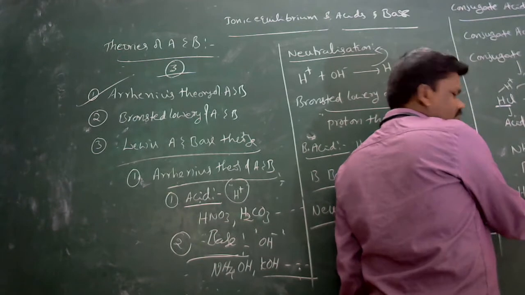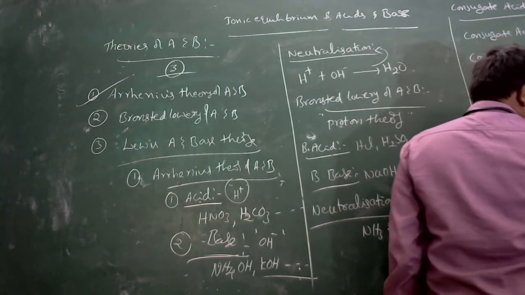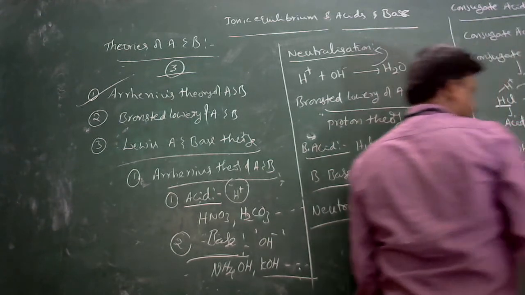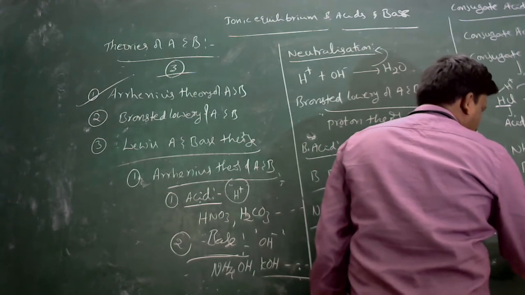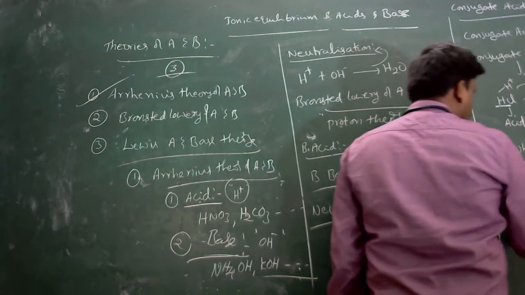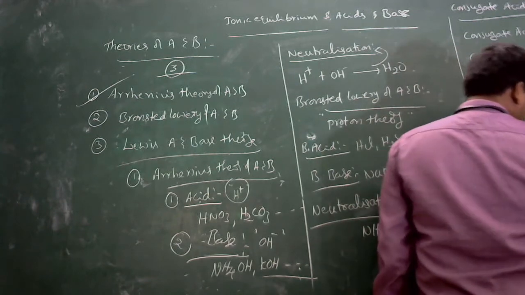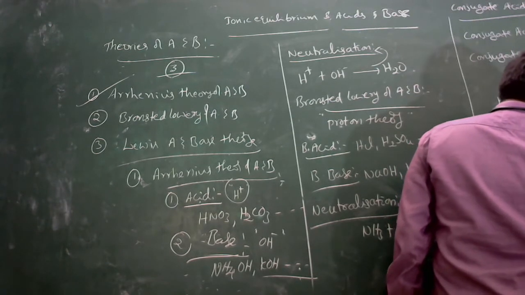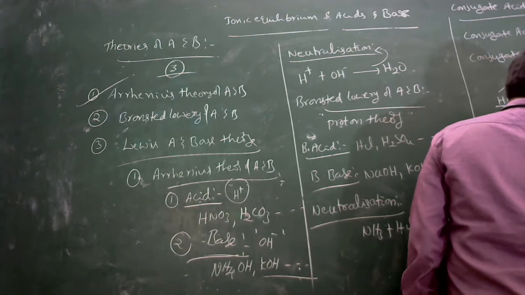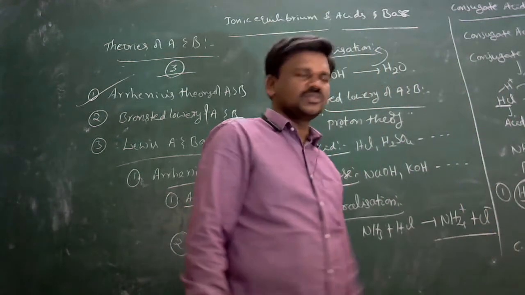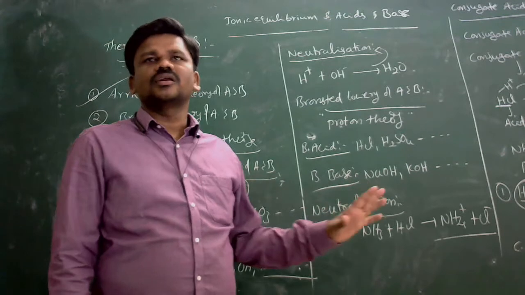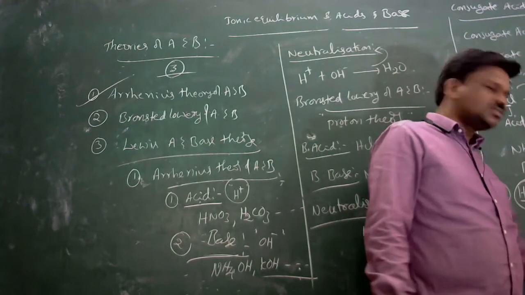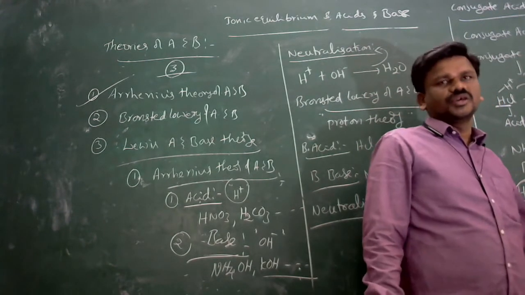NH3 becomes NH4+, which is the conjugate acid. So the conjugate acid base pairs are HCl and Cl minus, and NH3 and NH4+.